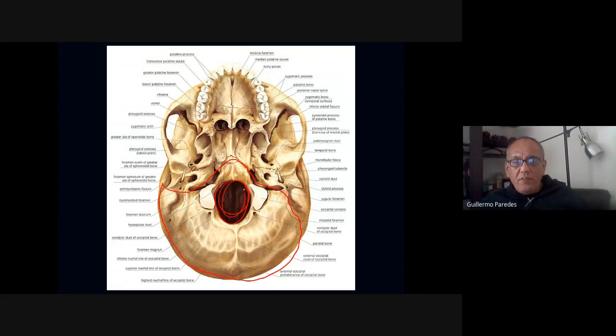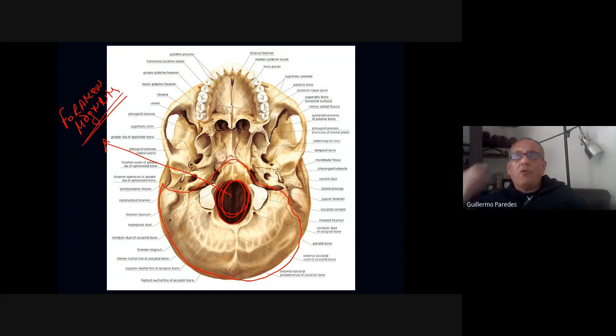On the base of the occipital, you are looking at the cranium from below, right? This opening is called the foramen magnum. Magnum means huge in Latin. Yeah, it's a big one. Magnum, like a gun.